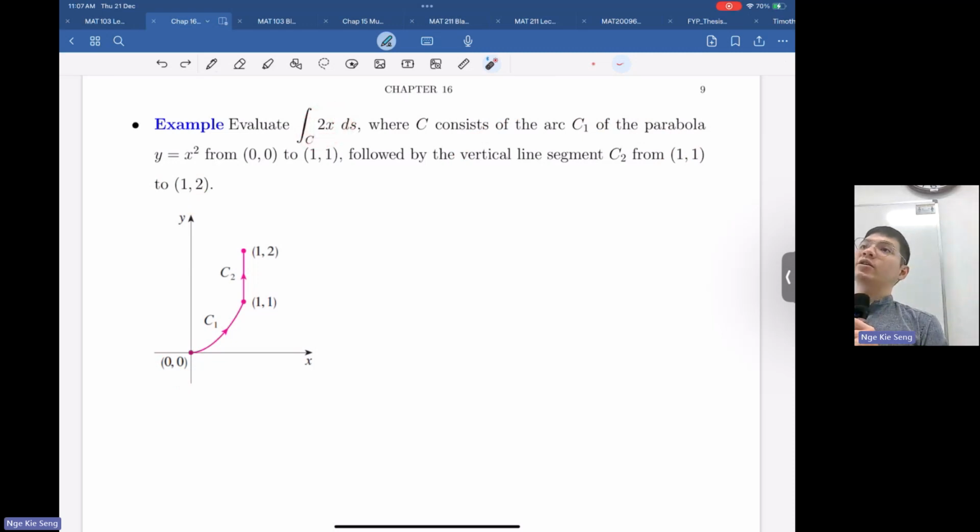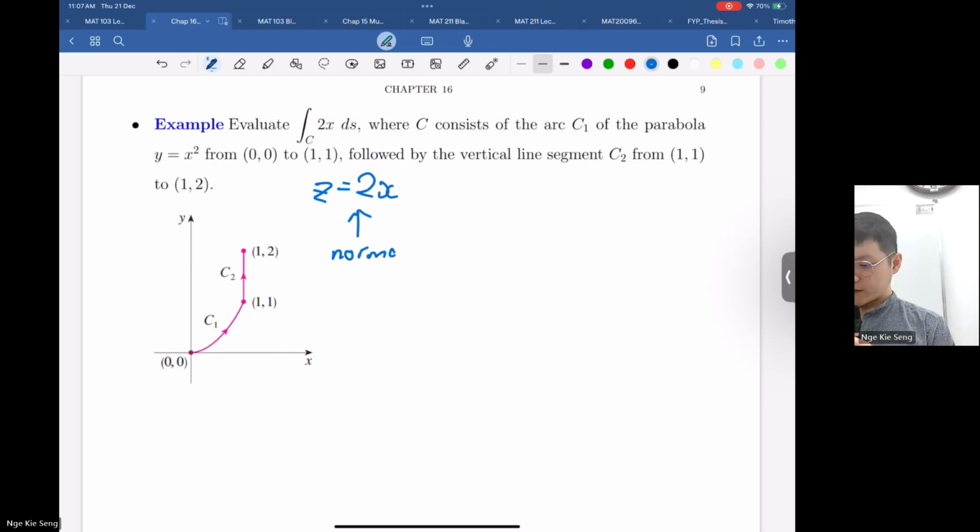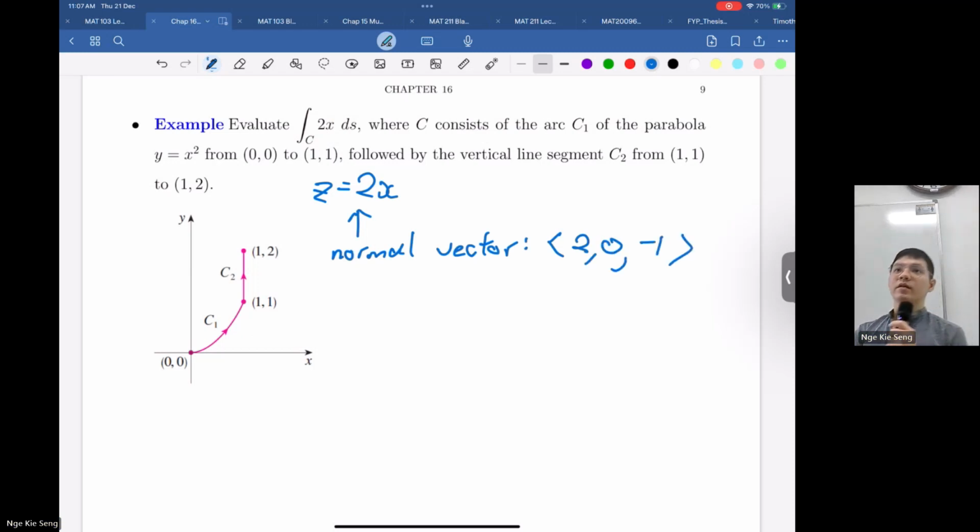So what is 2x here? 2x here is a plane. Correct? Oh, sorry, the plane is z equals 2x, so the normal vector should be (2, 0, -1).